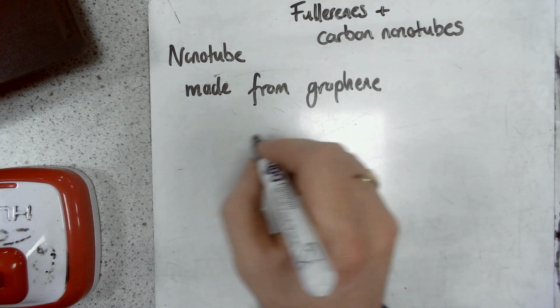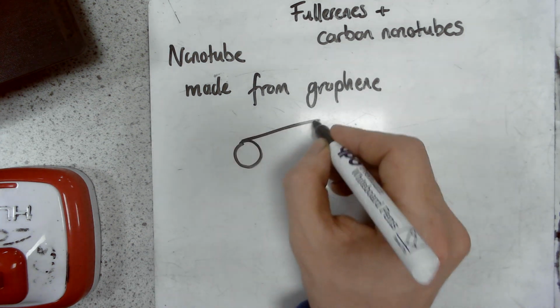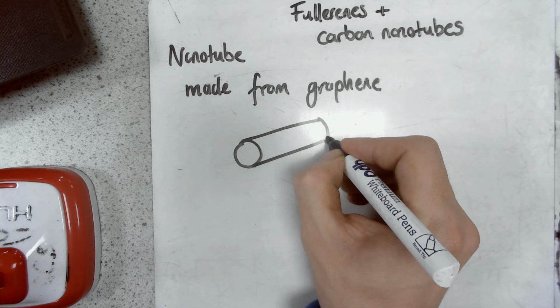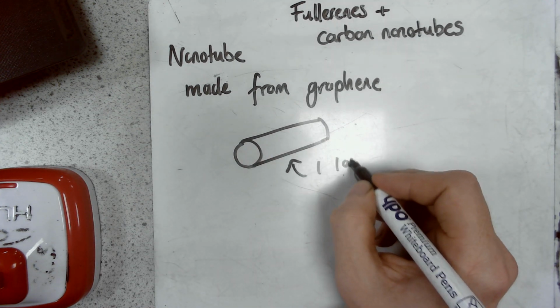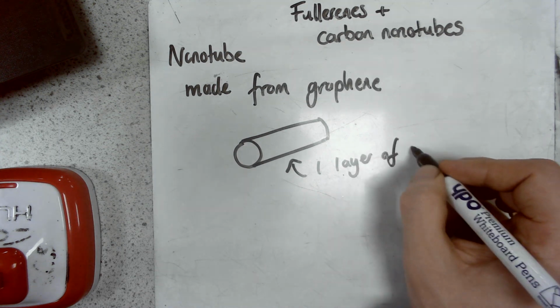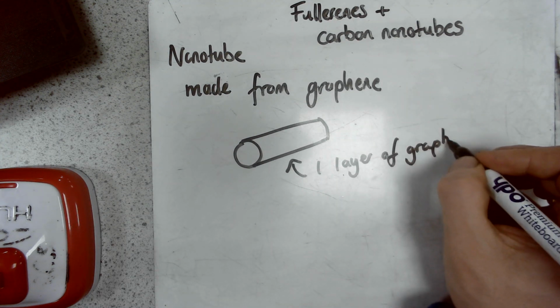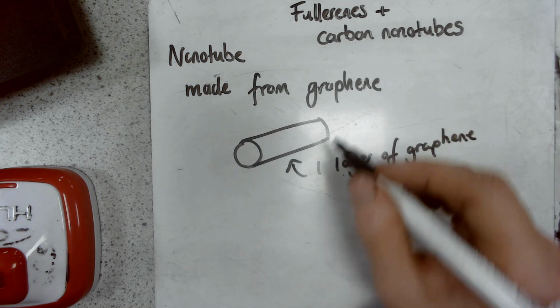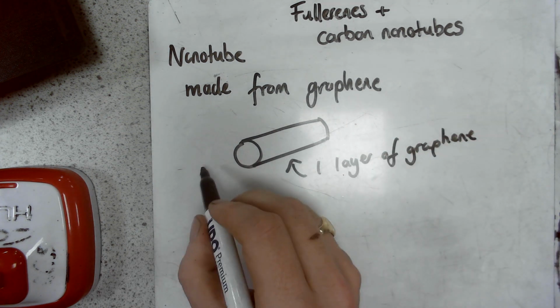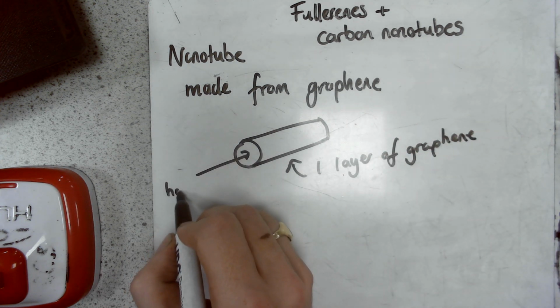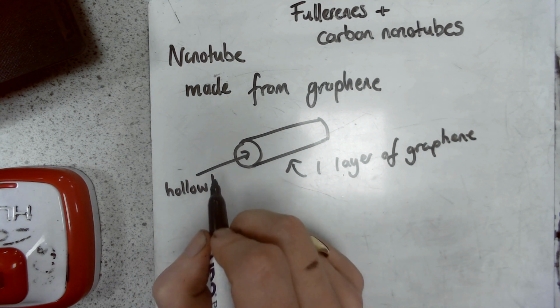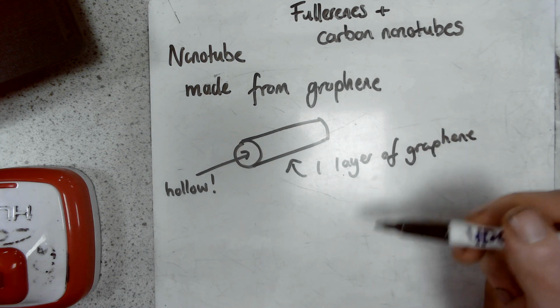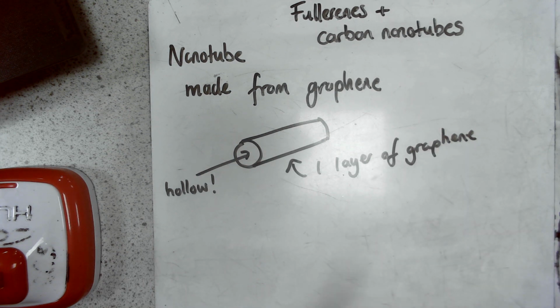Okay, so a carbon nanotube is quite literally a tube. Okay, and it's one layer of graphene rolled up into this tube. Again, really importantly, it's hollow. Okay, absolutely make sure you know that it's hollow. It's a hollow tube, okay, but it's graphene rolled up. Imagine you're rolling a piece of paper.